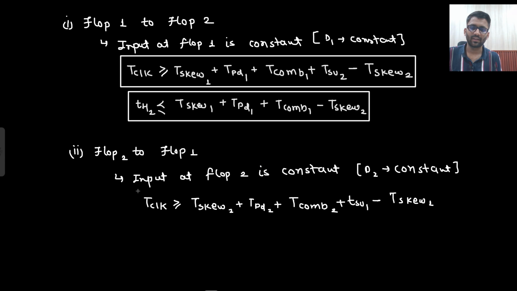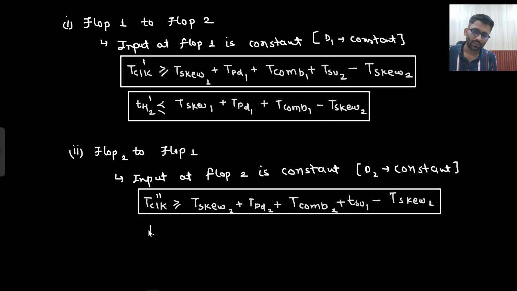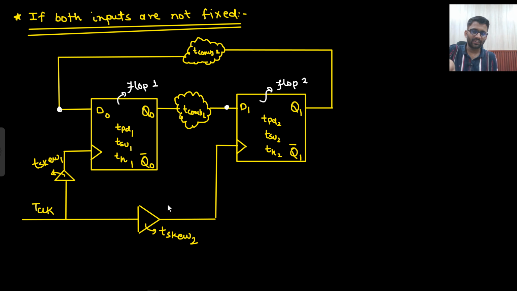So that will be my T clock. Okay. So I will write this as T dash, this as T double dash, this as T dash H2. Or now, why should I write T dash H2? I should write TH1, TH2 only. And what about TH1? TH1 should be less than or equal to T skew 2. Here I will be writing TH1, right?